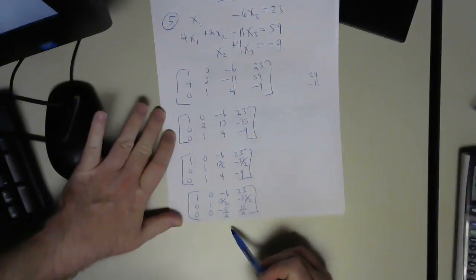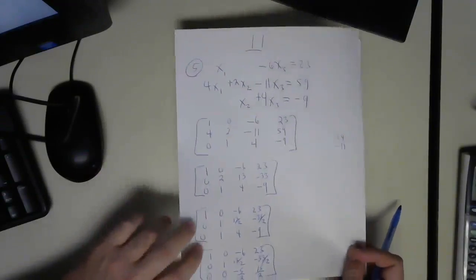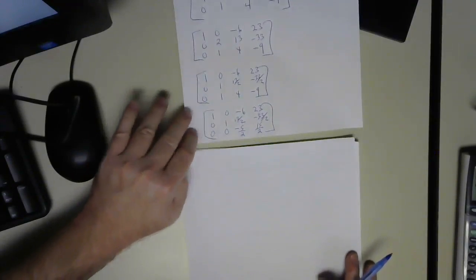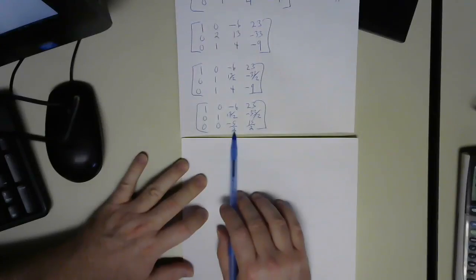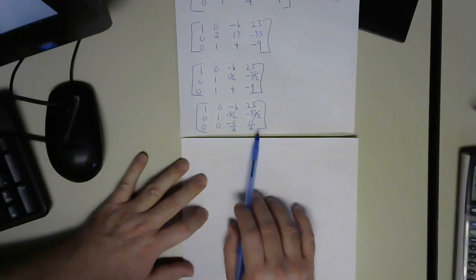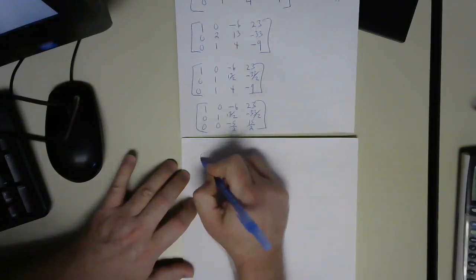So now let's work on this third column. I guess we need to switch pages. So I want to start by making this thing a 1. So I'm going to divide the whole third row by -5/2.